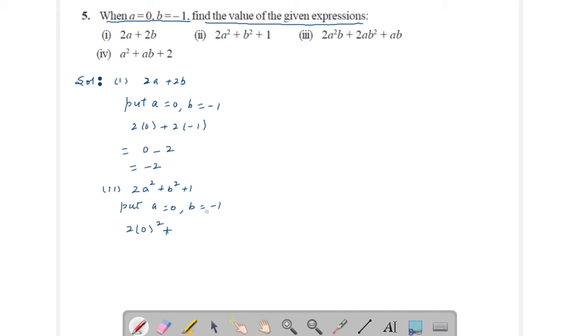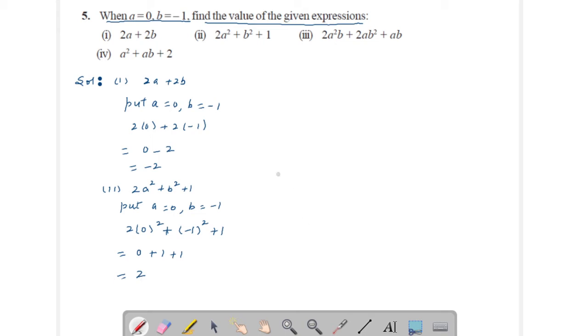Replace b by minus 1. It is minus 1 whole square plus 1. Here 0 square is 0. 0 into 2, it is 0. Plus minus 1 square, it is 1. Plus 1. Add it. 1 plus 1, 2. Your answer is 2.